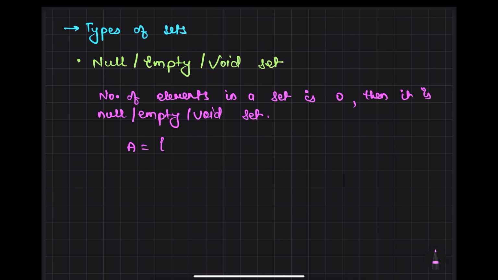So how will you respond? You will write the curly braces and keep it empty. This is your set A which contains even prime numbers except 2.